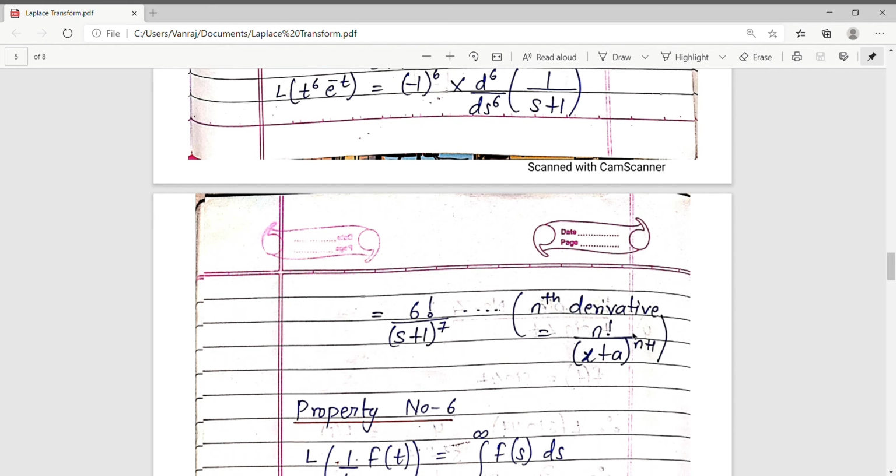Our n was 6, so 6 factorial upon, since x was s and a was 1, (s plus 1) raised to 6 plus 1, that is 7. So this is our final answer.